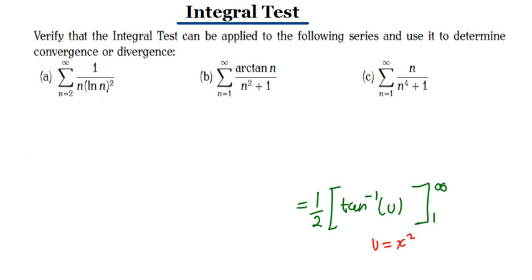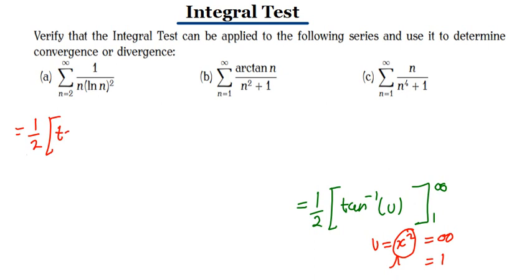So let's find out what u is in terms of x. It's actually the same. If you plug in infinity here, this will still be infinity. If you plug in 1 here, this will still be equals to 1. So we are going to say it's 1 over 2.